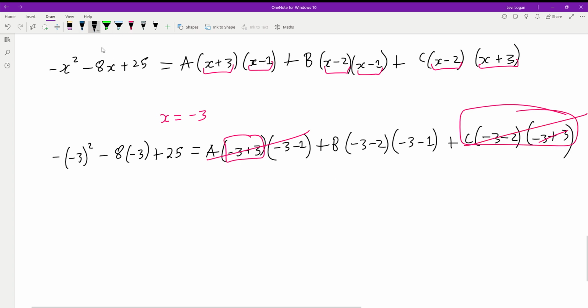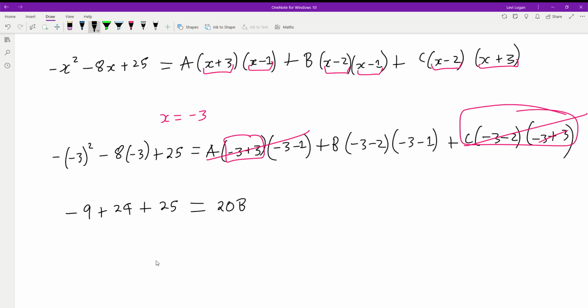So all we're going to have is, alright, this will be minus 9, this will be plus 24, and this will be 25. This will be positive, this will be negative still. This is going to be equivalent to, alright, -5 times -4, which is going to be 20b. Now let's try and add these guys together real quick.